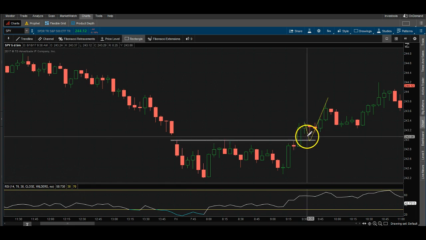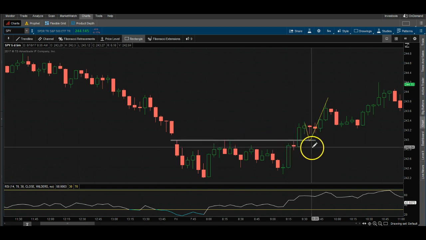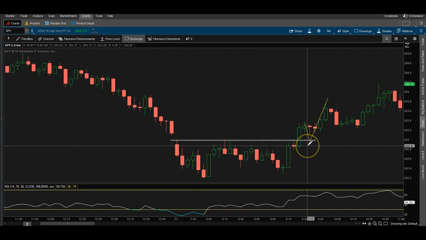We actually want to front run these prices. So if the price is 242.98, maybe we want to enter at 243.03. Jump in 5 to 10 cents before, but then on the back side, we want to give it at least about 5 or 10 cents depending on how the stock reacts.